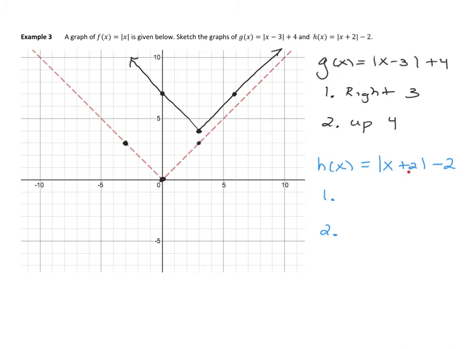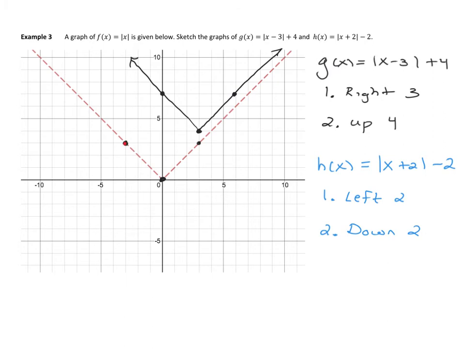That's changing the x's because it's inside the function, and the opposite effect would be that it goes left 2. This minus 2 is changing the y values because it's outside the function, and if you're subtracting, you're going to go down 2 places. So, I think I'll use these same 3 points. I'll put them through these 2 steps to see where this new function is.